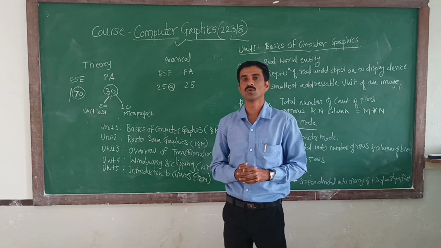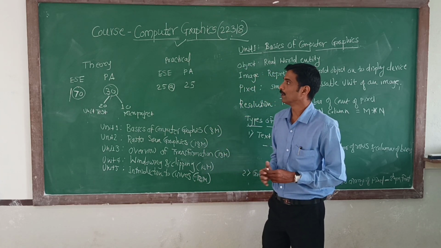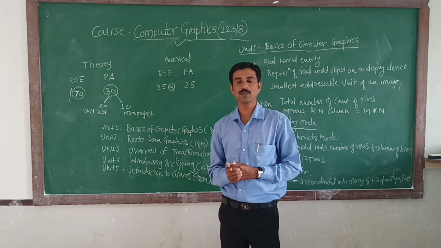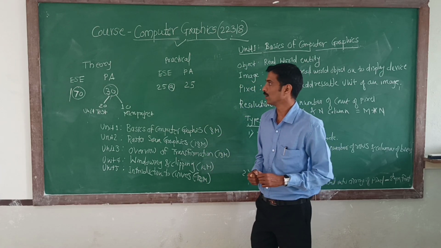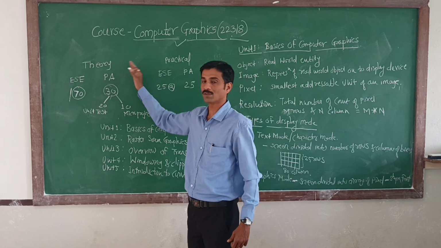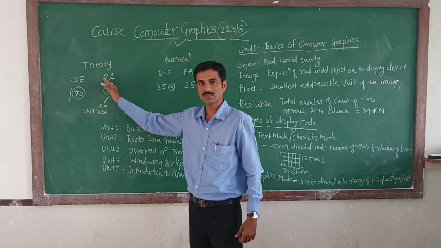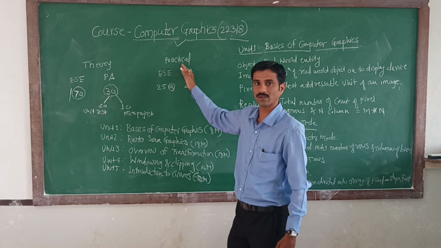First of all we will see the teaching and examination scheme for the computer graphics subject. Here you can see for this subject there is one part of theory and another part is practical.